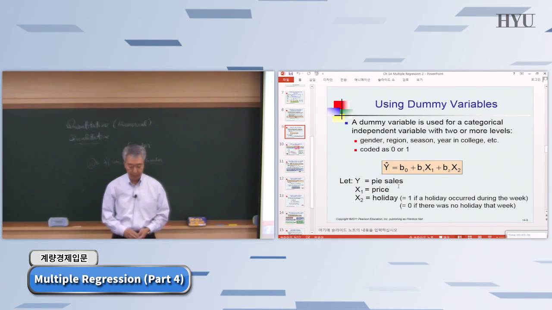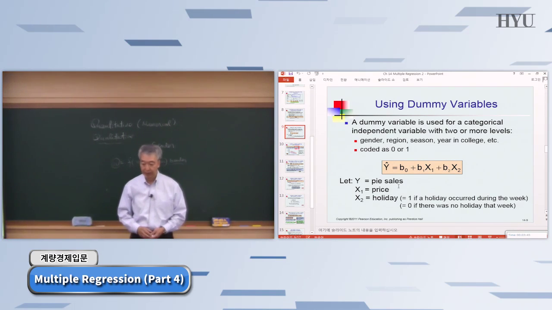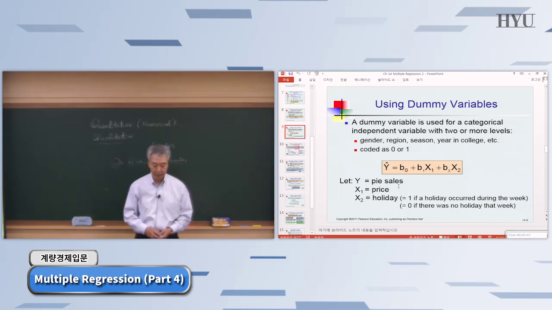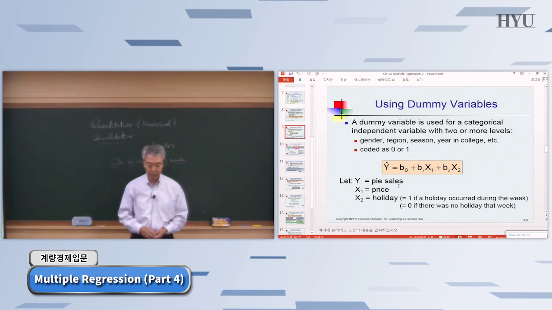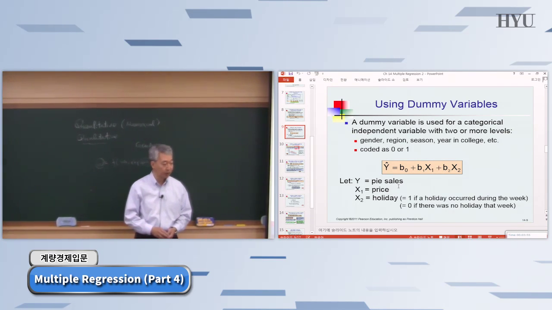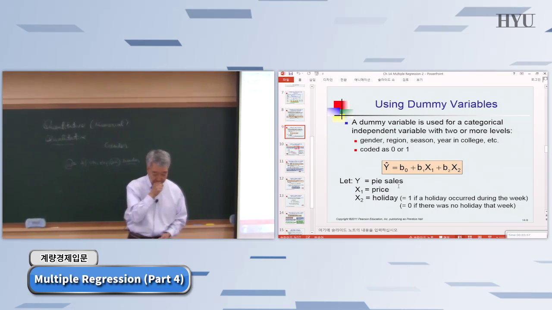But suppose we want to include the holiday variable. If you remember this example, I believe the dependent variable was weekly sales of the pie, right? How many units of pie were sold in each week.